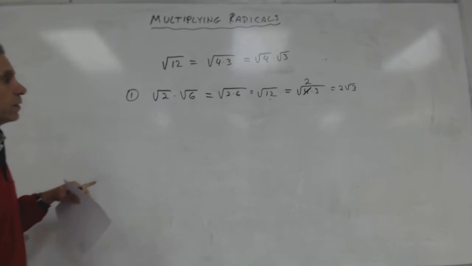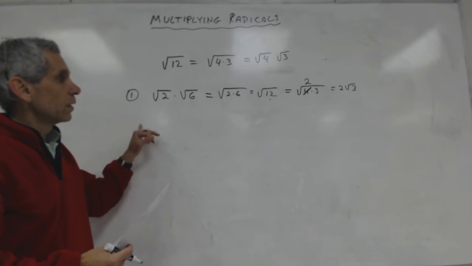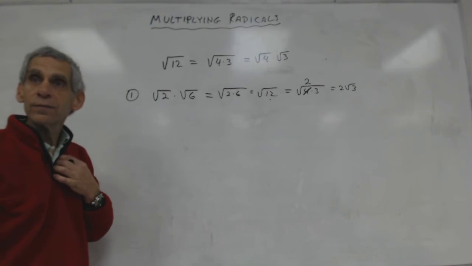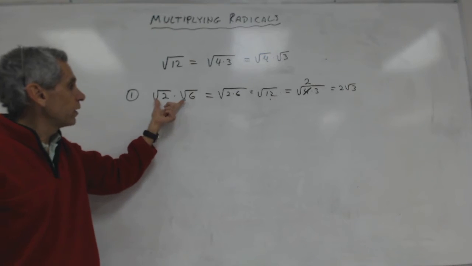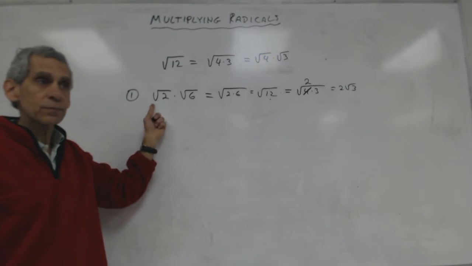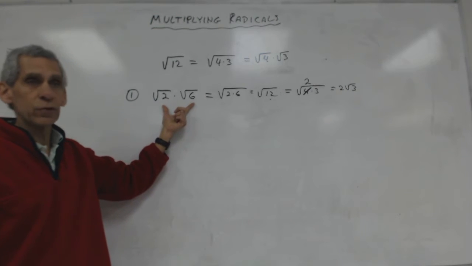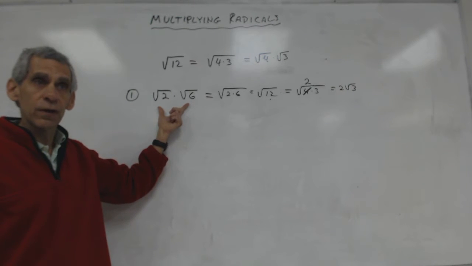Does that mean the square root of 2 times 6 is the same as the square root of 4 times 3? Yes. What's interesting is that with the square root of 2 times the square root of 6, neither one is a perfect square.